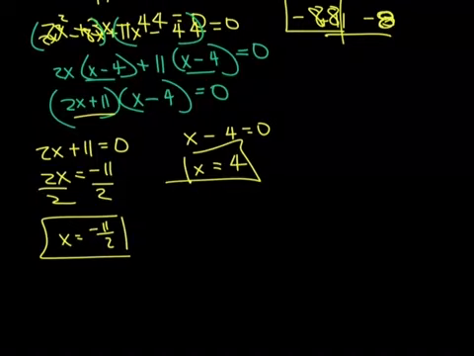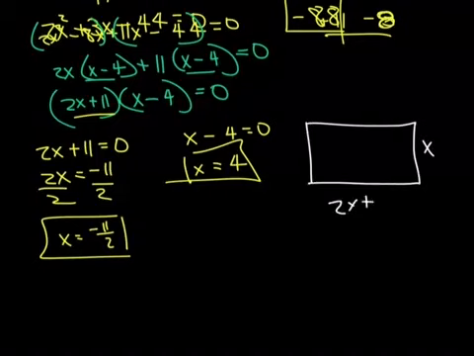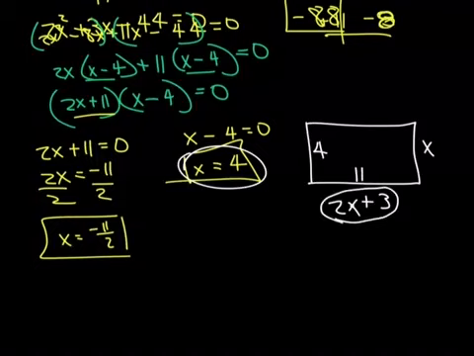Let me go ahead and write that rectangle again because I need to show you something that's pretty important here. And this was 2x plus 3. Alright, so let's use 4. So if that's 4, the length is going to be 11, right? 2 times 4 plus 3 is 11. Multiply those together, you get 44, which is what we know to be true.